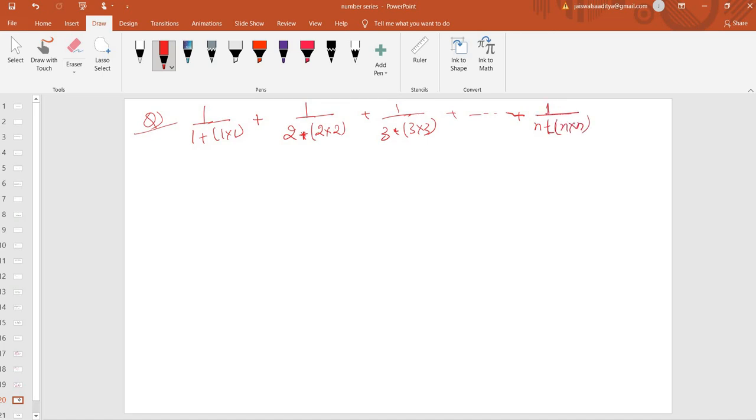Sorry for my writing, I know it's bad. If n is equal to 50, we have to find the sum.